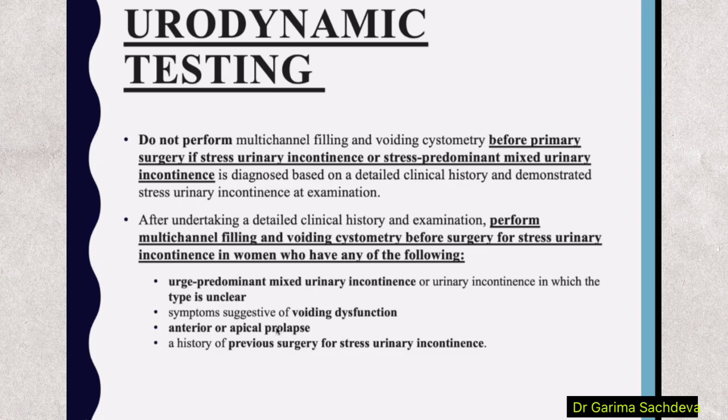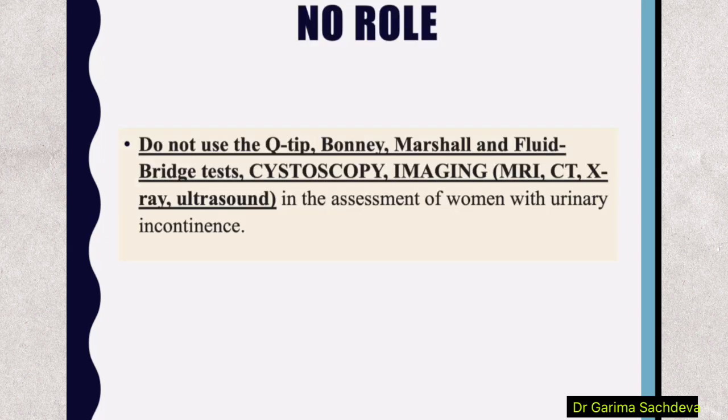And in case there was a previous surgery for stress urinary incontinence. Anterior prolapse is bladder prolapse, cystocele. Apical is the uterovaginal prolapse. Then retrovaginal. And this multi-channel filling is what was taught last class, cystometry.